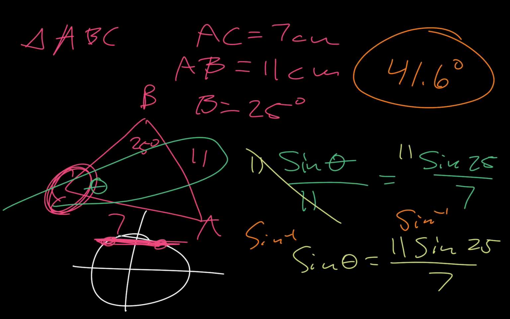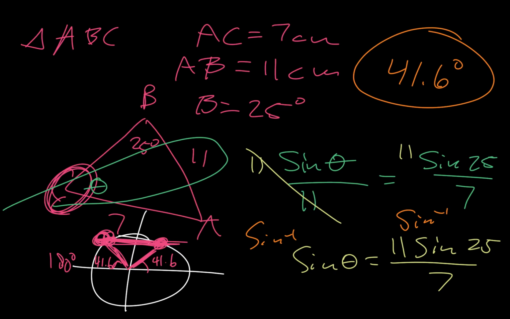And so what we need to do is we actually just need to say this angle would be 41.6. This angle would also be 41.6, and half of the unit circle is 180. So if we do 180 subtract 41.6, that will give us this other angle measurement.